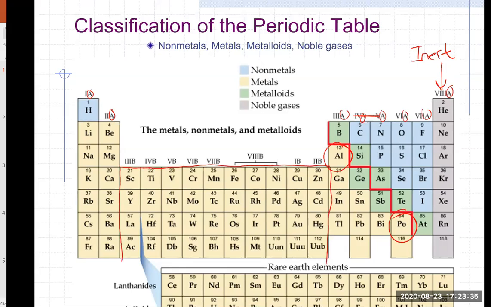Those are all transition elements. And the lanthanides and actinides are also transition elements. They're inner transition elements. They insert the lanthanides between atomic number 57 and 72, and the actinides between atomic number 89 and 104. We pull them out and set them down below the periodic table just so that we can see it on one page easier.